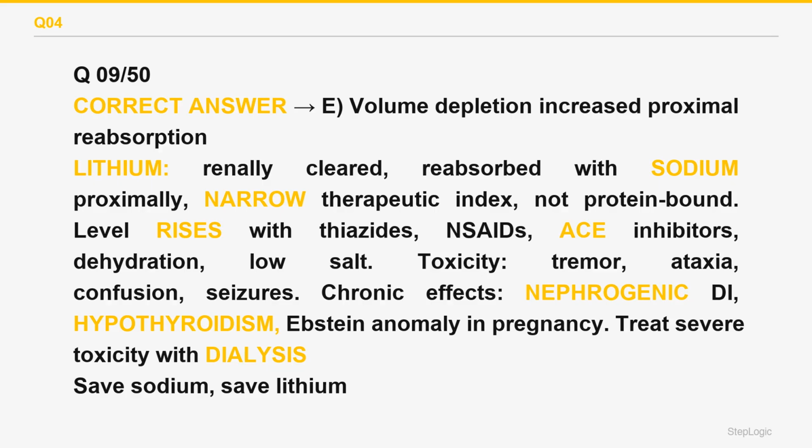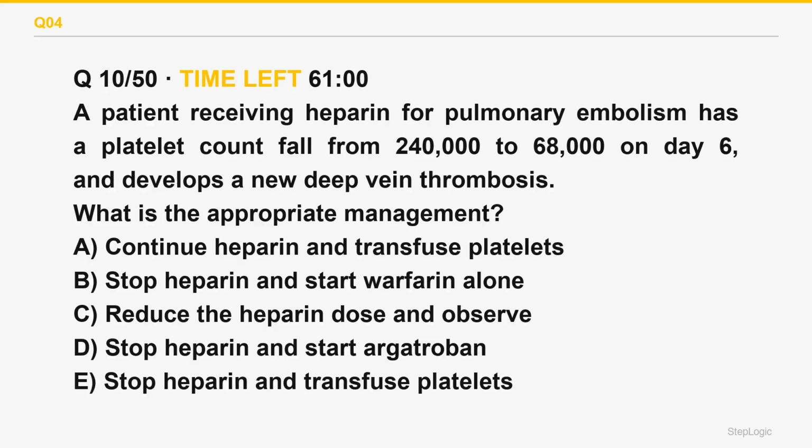Its chronic adverse effects are examined as often as its acute toxicity: nephrogenic diabetes insipidus from collecting duct resistance to antidiuretic hormone, hypothyroidism, and Ebstein anomaly when used in pregnancy. If you see lithium toxicity after a new drug, then look for anything that made the kidney retain sodium.